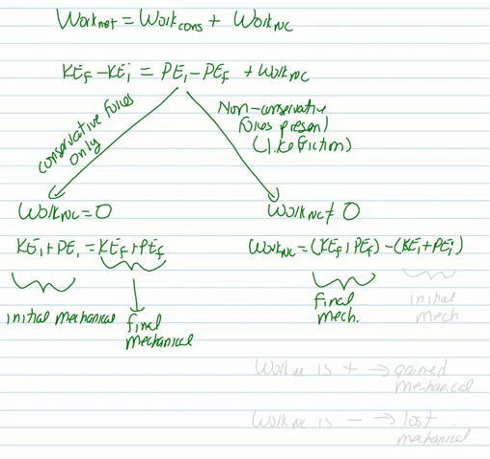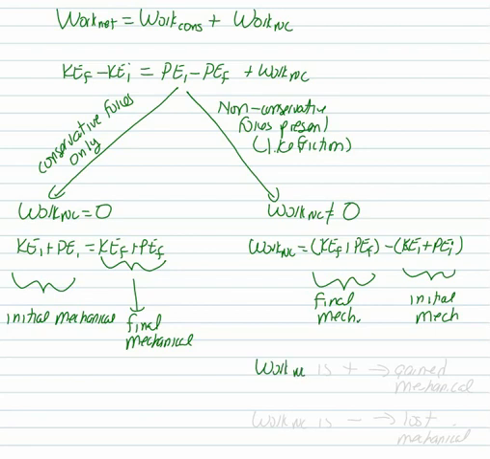final mechanical energy. Here is initial mechanical energy. And the work term tells us that the work done by non-conservative forces is the difference between the final and initial mechanical energies. What does that mean?